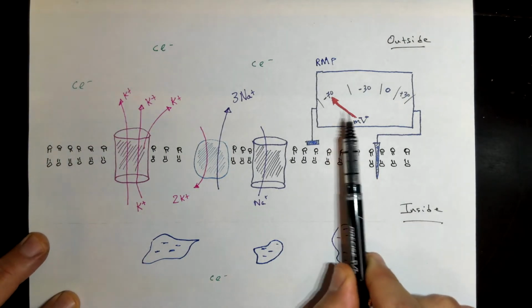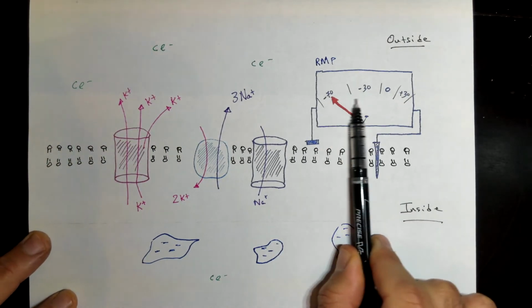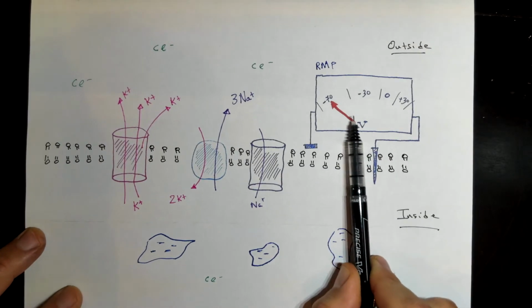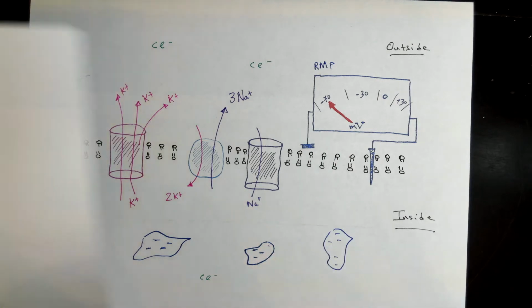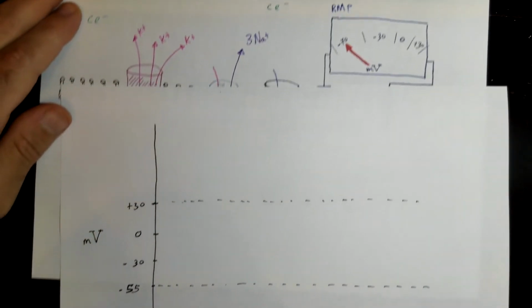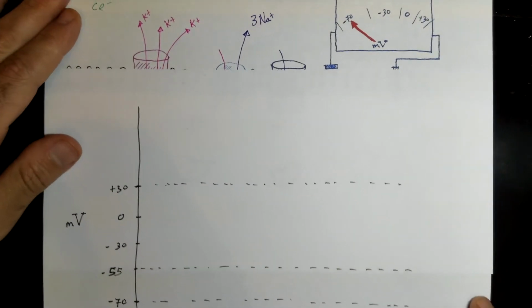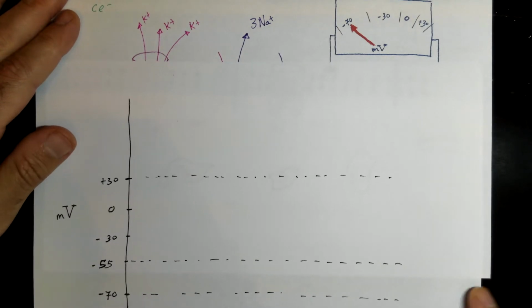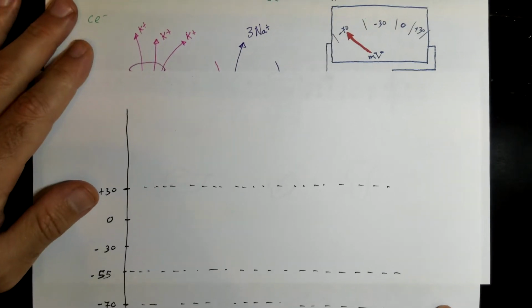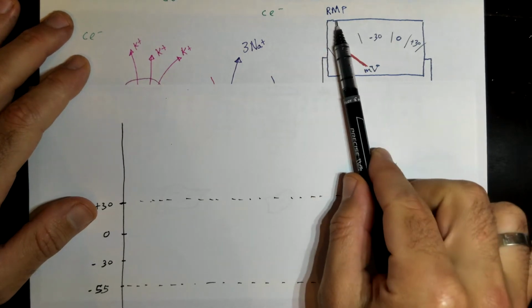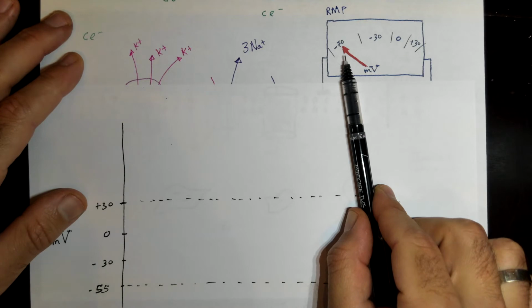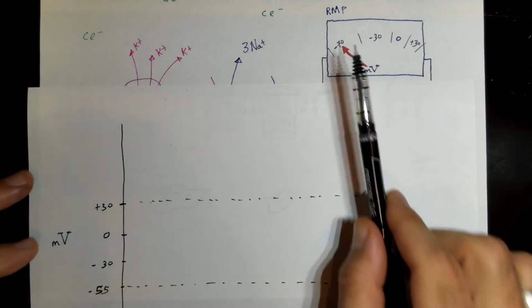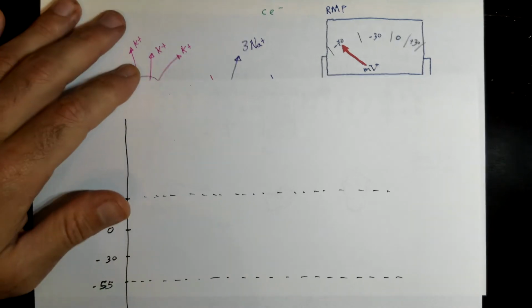If we plot these values on a graph, and we represent the voltmeter on a graph, we'll see something that looks like this. So notice this is the voltmeter, and it's telling us that our resting membrane potential, RMP, is at negative 70. So the idea is that is where neurons start before they become electrically excitable.